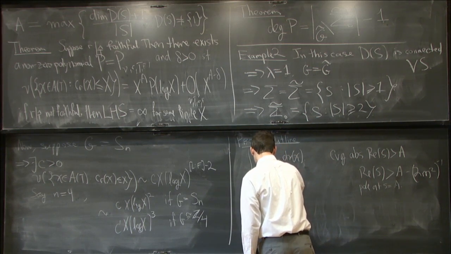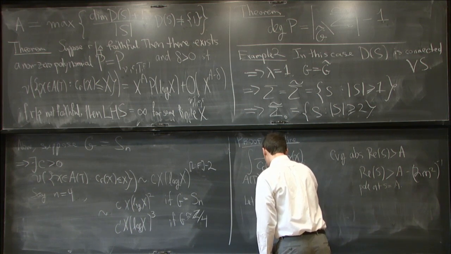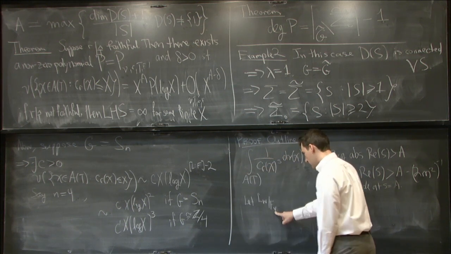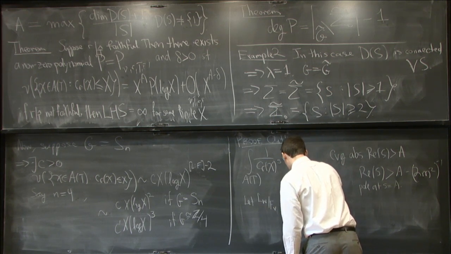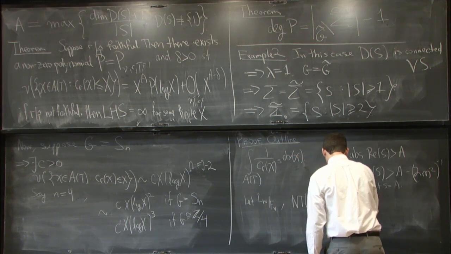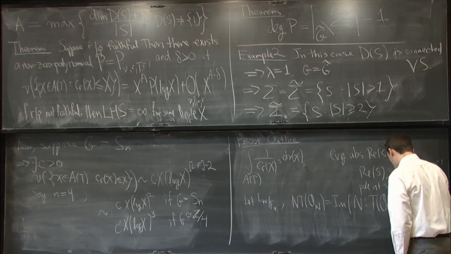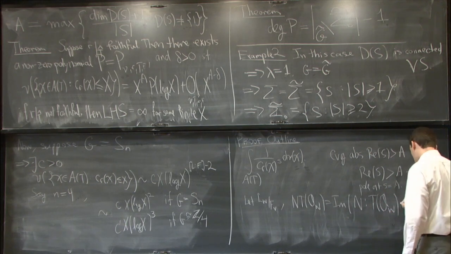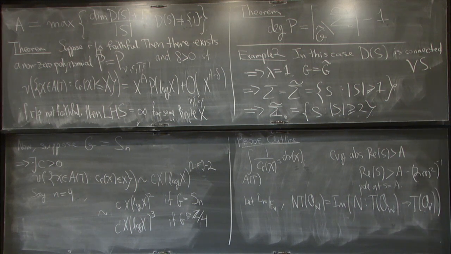So if L_w over F_v is a local extension splitting the torus, I'm going to let N_T(O_w) be the image of the norm map from the integer points over the splitting field to the integer points downstairs.